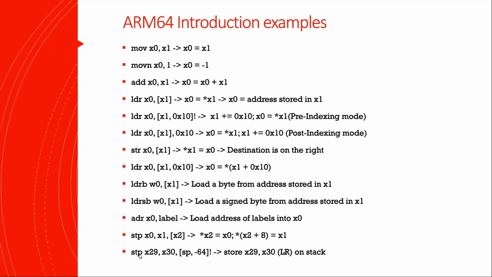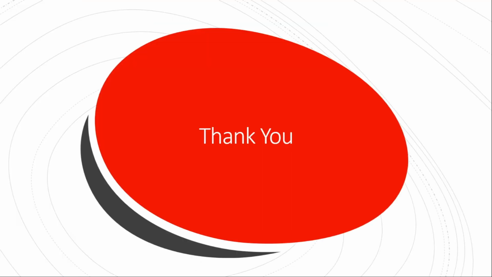Then we have STP instruction again, where now instead of using the memory addresses we are going to put it onto the stack. So here the value of x29 and x30, which is our link register, will be stored into the stack. Okay, so I think I am done with some of the basic stuff of ARM64 architecture.